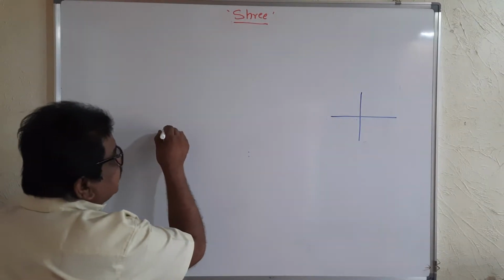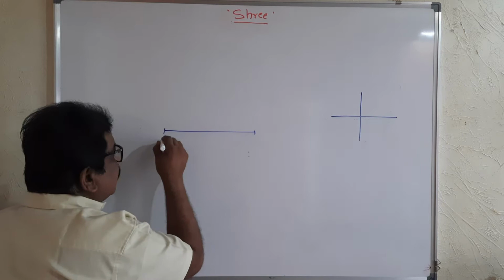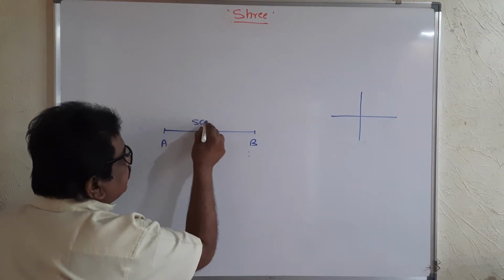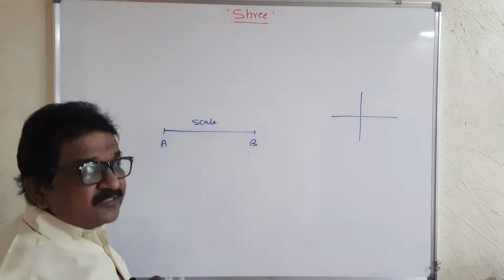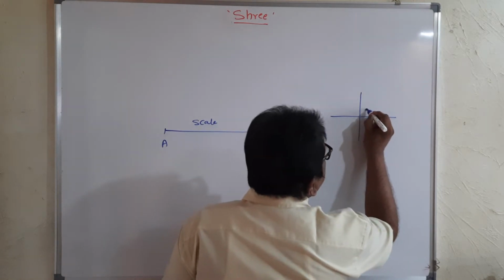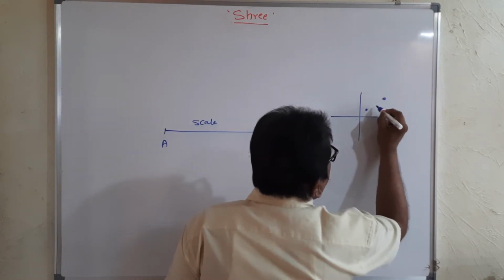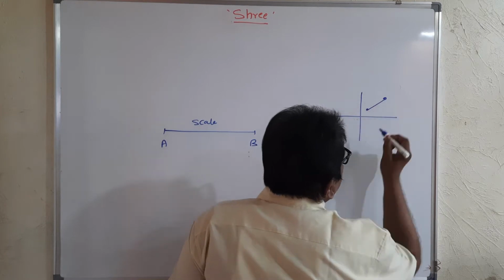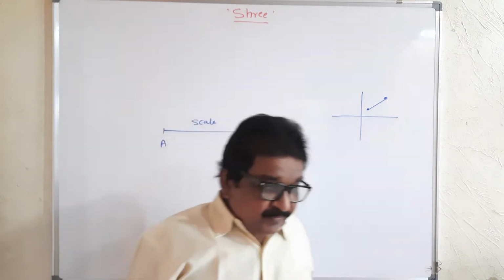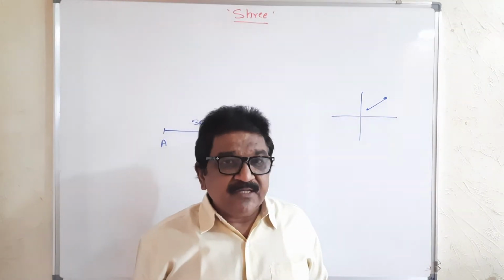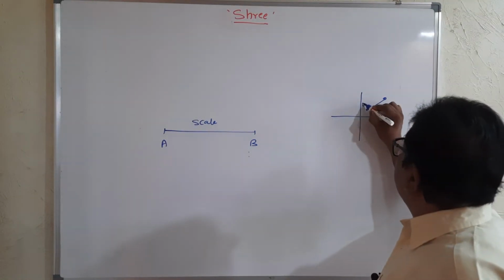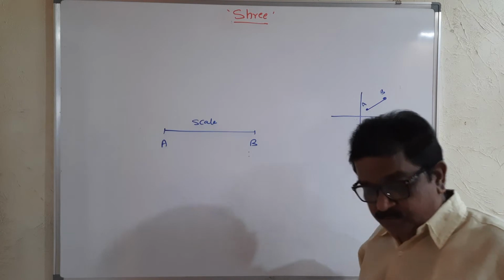If you want to measure the linear distance of AB, then you will use a simple scale. But if we give 2 points in any quadrant, and ask you to find the distance between these 2 points, then scale is not useful.